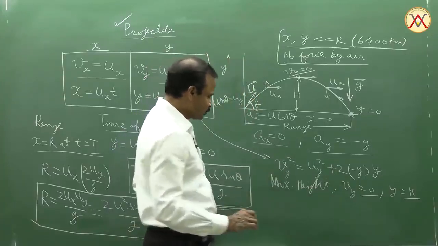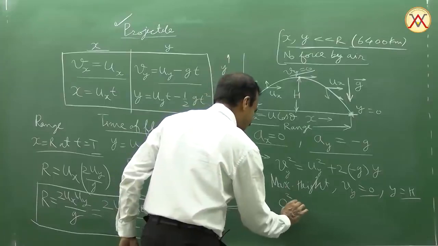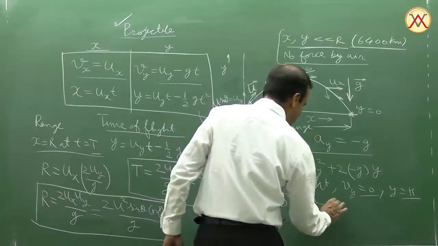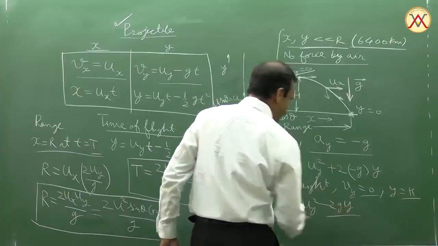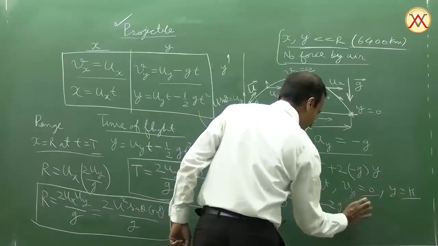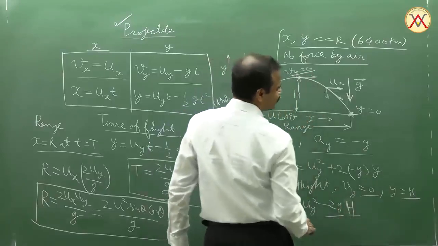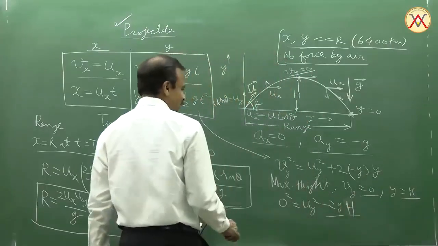So I get 0 squared equal to Uy squared minus 2g capital H, y is replaced by capital H.